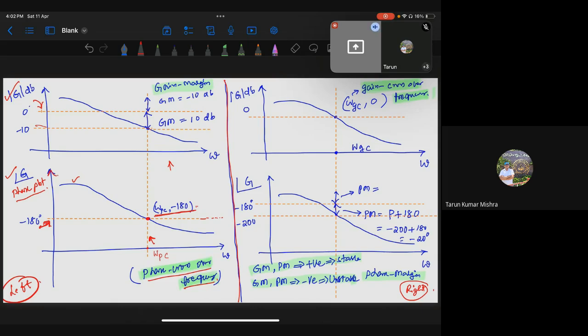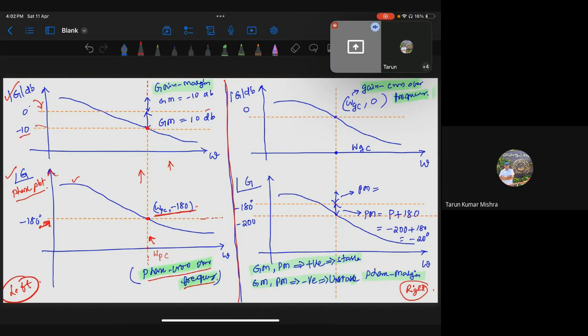Then extend the omega PC line you drew previously until it intersects here. It is intersecting at minus 10. Am I correct?